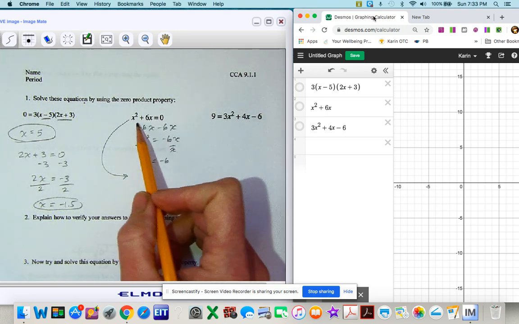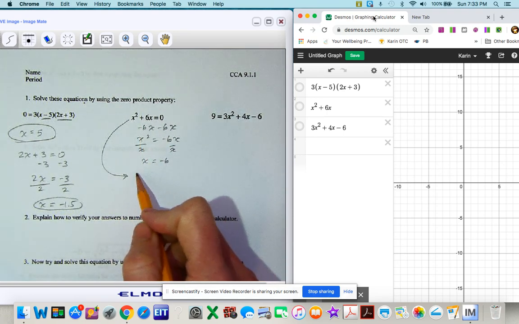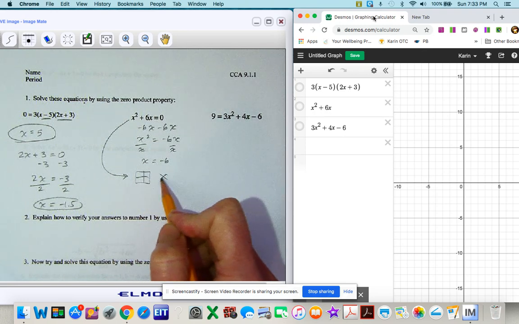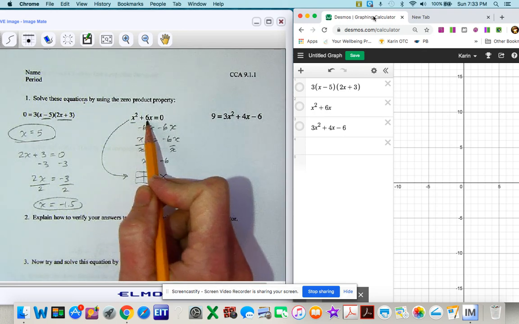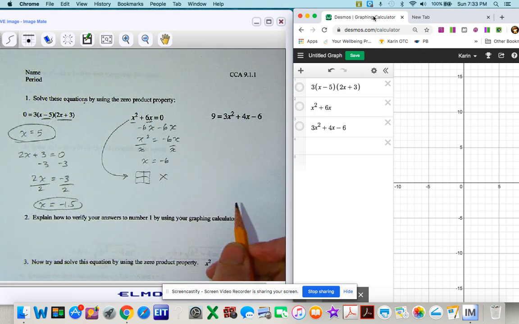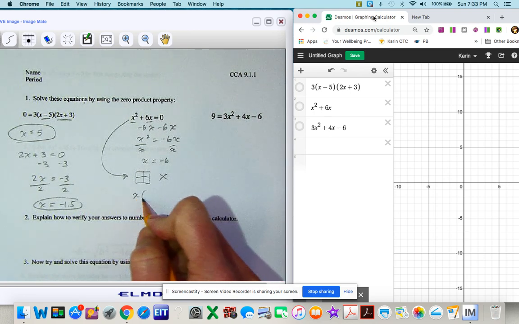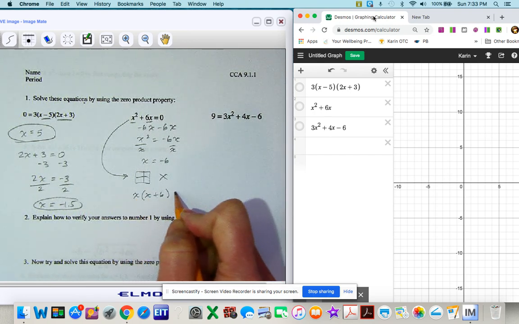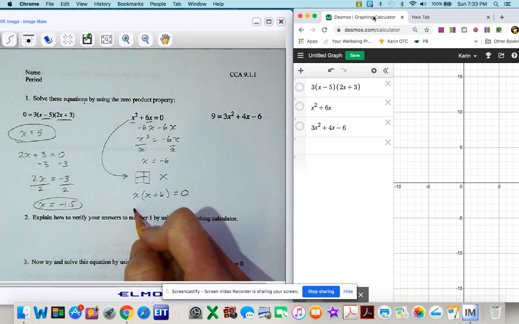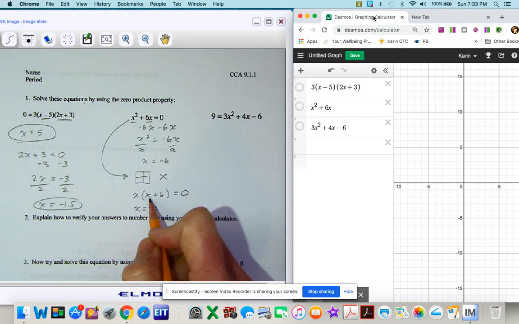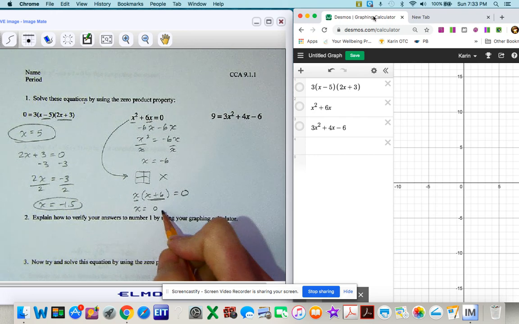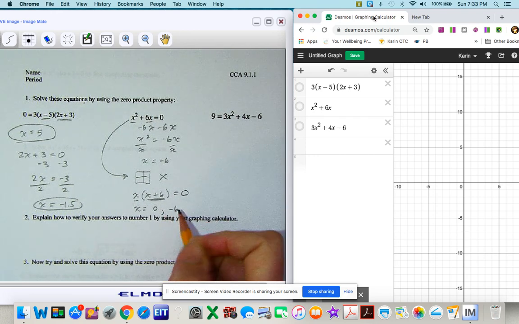Okay, and there's a couple ways of factoring it. I could do the generic rectangle and the diamond, but since these both just have a greatest common factor of x, I'm going to write this as x times x plus 6 equaling 0. So x is either equal to 0, or what would make this factor 0, x would be negative 6.